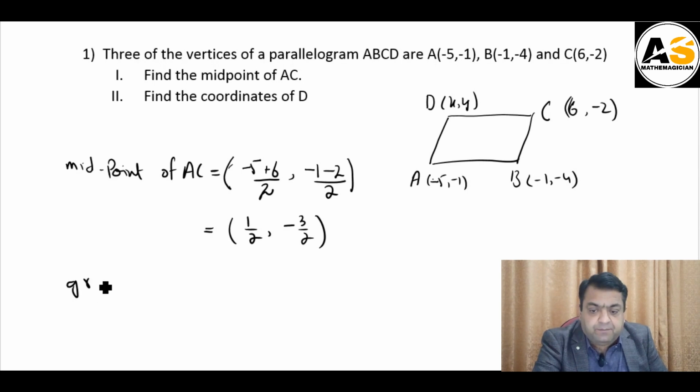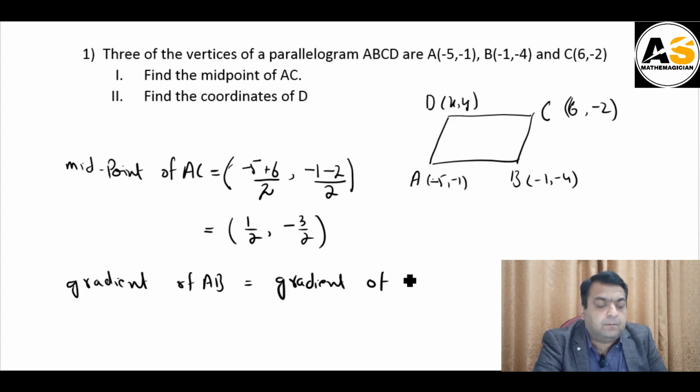So gradient of AB is equal to gradient of DC or CD. This will give me the first equation. What is the gradient of AB? Put the values: (y2 minus y1) over (x2 minus x1).